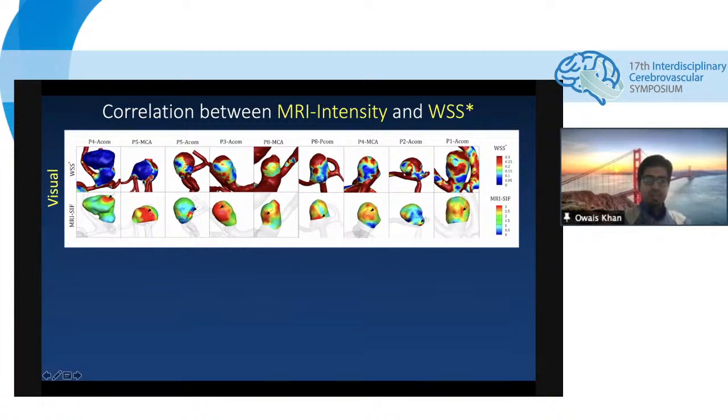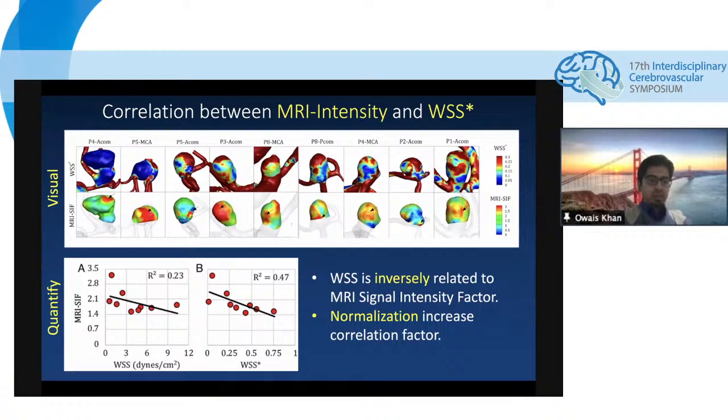So this is the region of lowest wall shear stresses, and here you see high enhancement. This is the bleb region that showed lowest wall shear stress. And then again, you have very high enhancement in this region, and so on and so forth for all of these 9 patients.